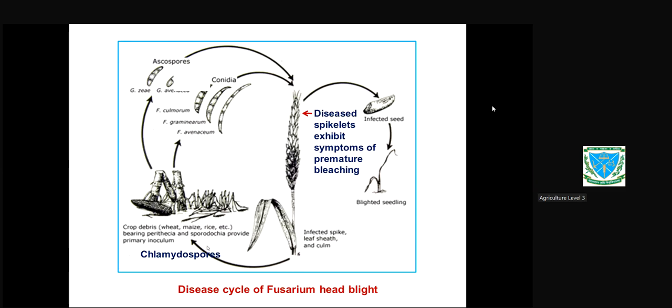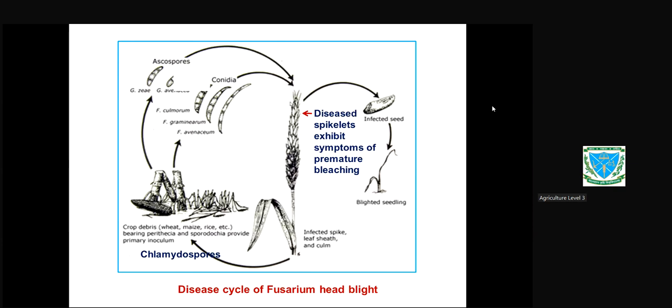এখন কথা হচ্ছে when these pathogens survive on these residues they produce two types of things. One, the chlamydospore germinate and produce conidia, and another is they produce ascospore from this resting structure perithecia, and either ascospores or conidia can infect the wheat plants and produce the premature bleaching of the heads.